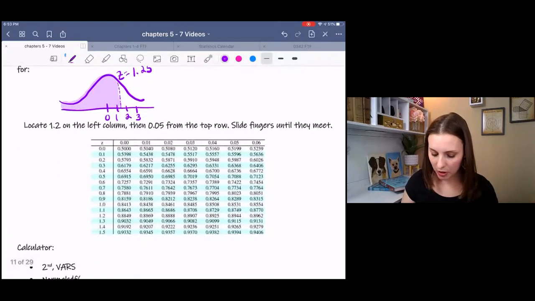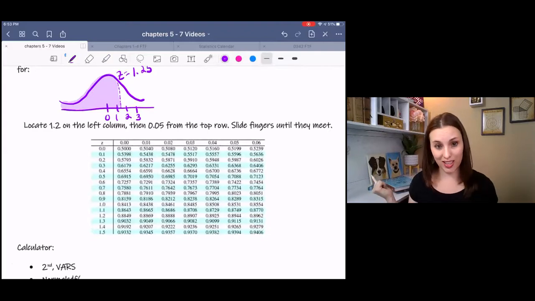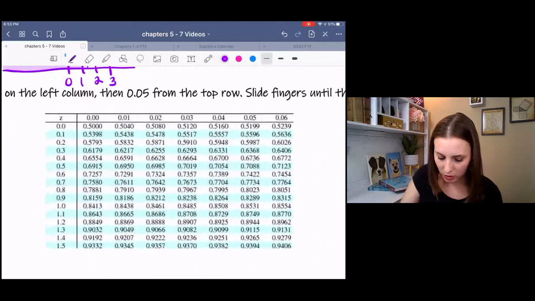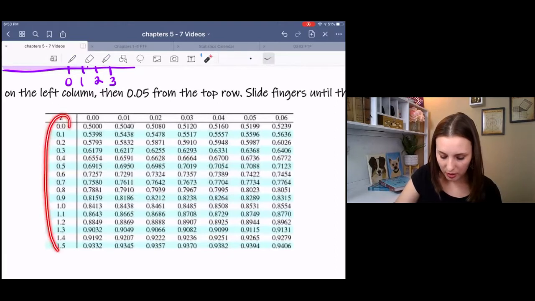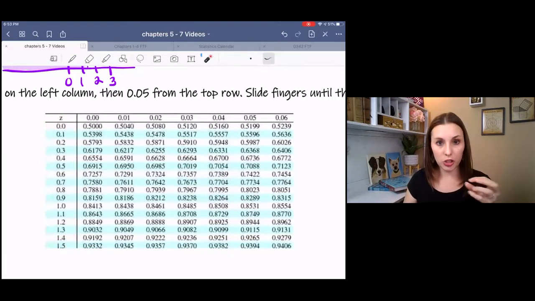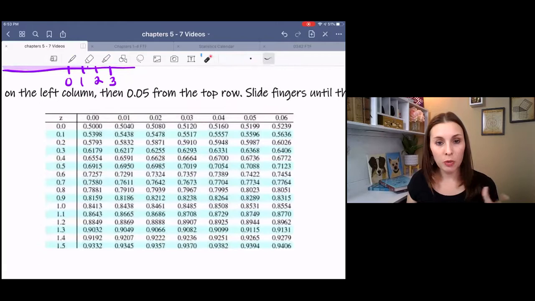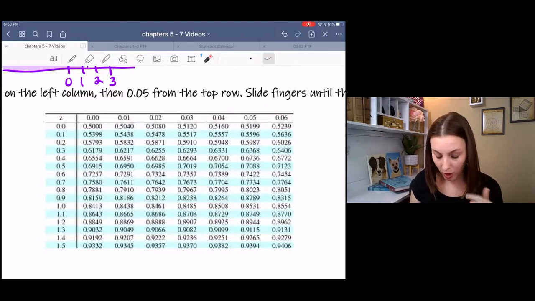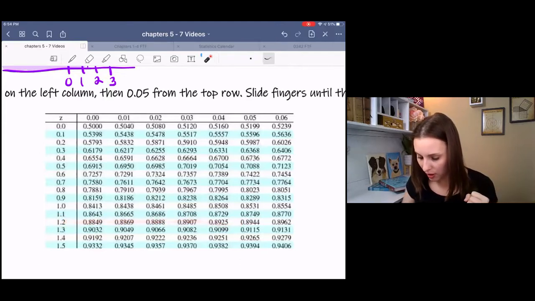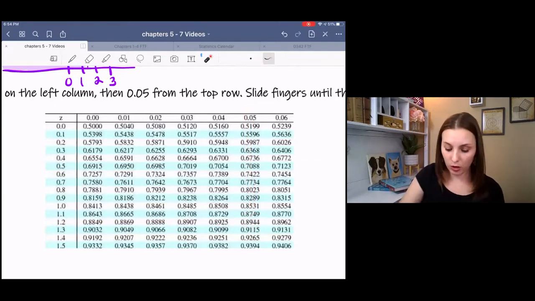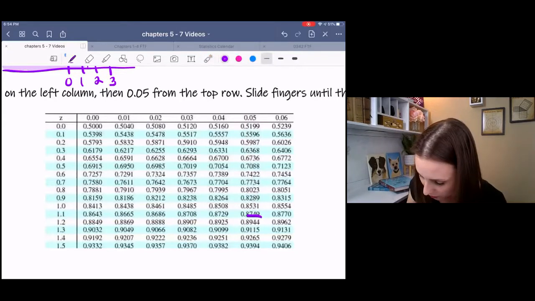So I have this table here. Like I said, you can get a table like this from just a Google search or from your textbook. And you're going to go, you see this little Z right here. So these represent the first digits of your Z-score, and these represent the last digit. So our number is 1.25, so we're gonna go to 1.2 over to 5 right here, and that is 0.8944 right here.